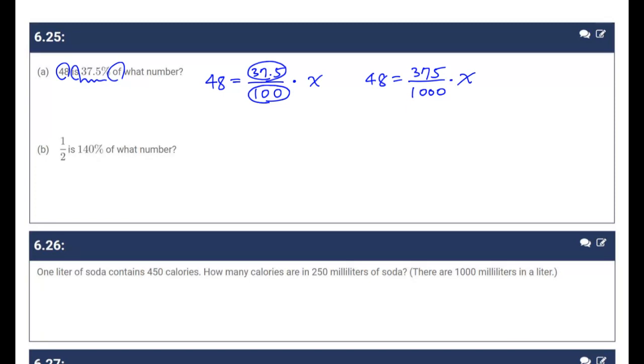And let me try to reduce this. We know 375 is like $3.75, right? And 1000 is like $10, right? So 375, how many quarters is that? How many 25 cents does it have?